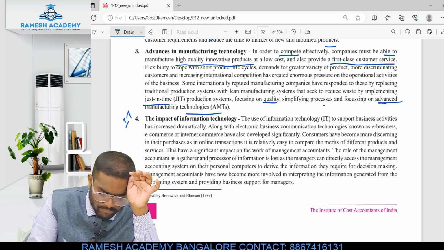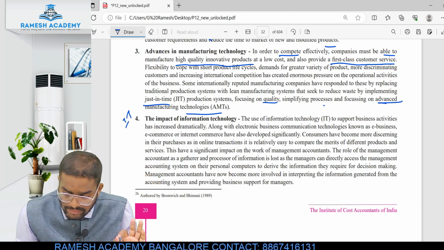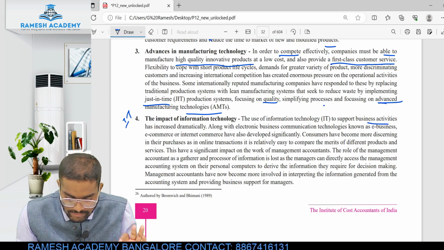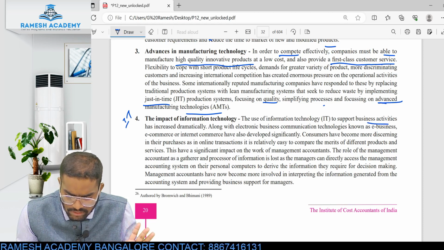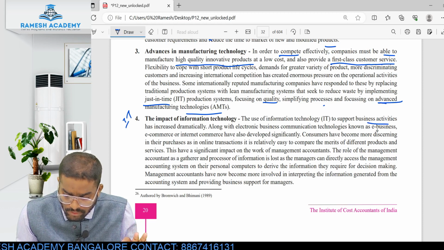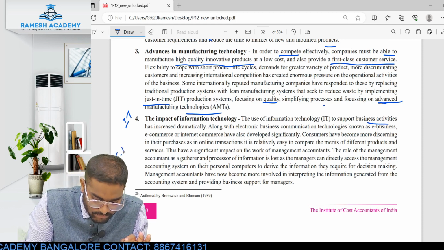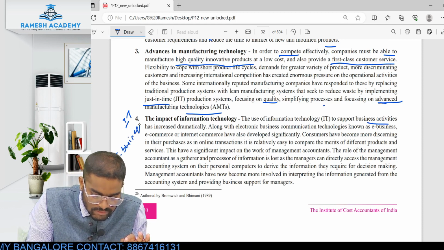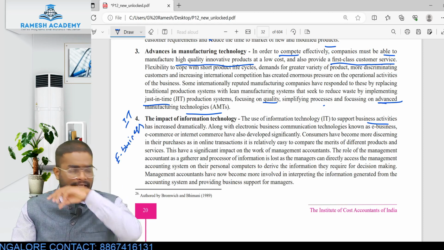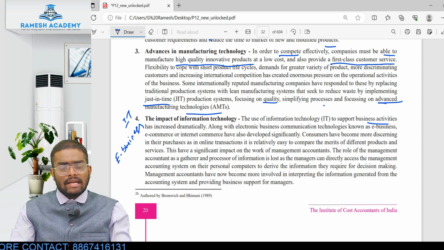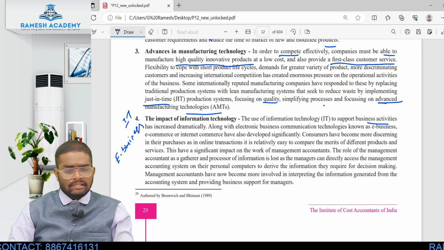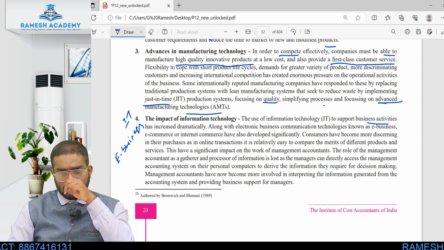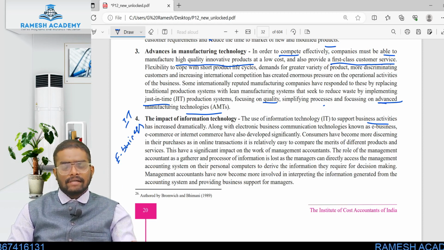This is very important because IT support for business activities has increased dramatically. See, through e-businesses, now a company producing goods in Karnataka is able to serve the far northeast because of e-commerce, the internet and all those things.